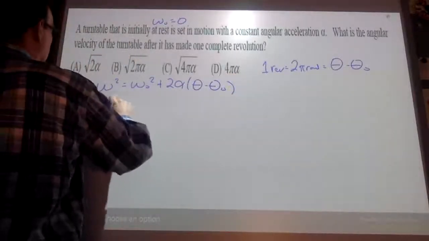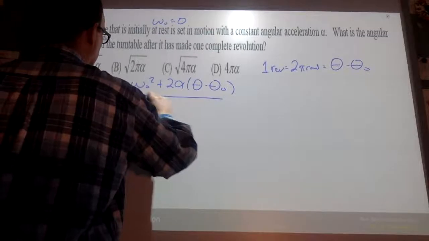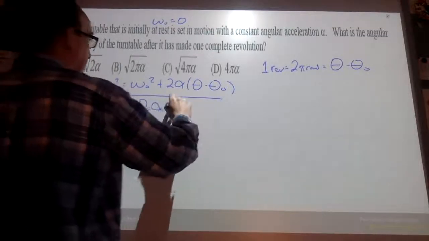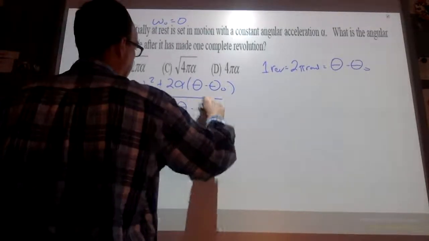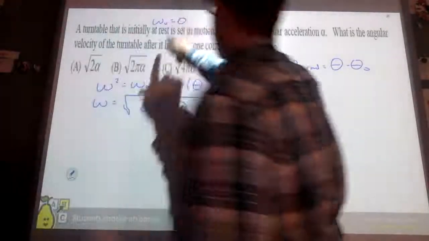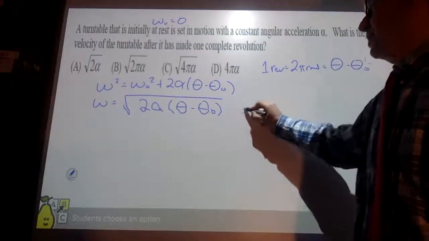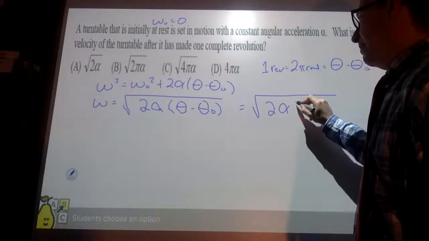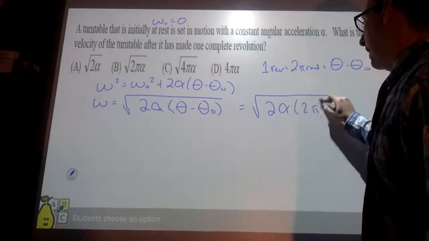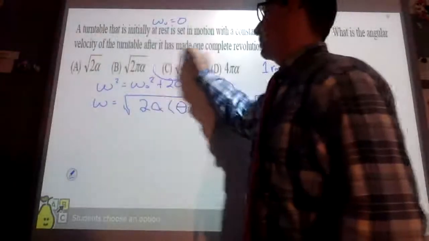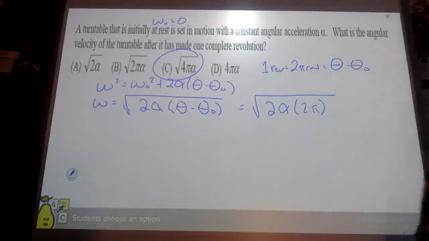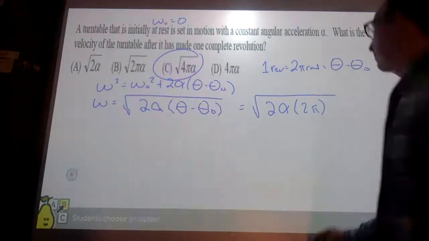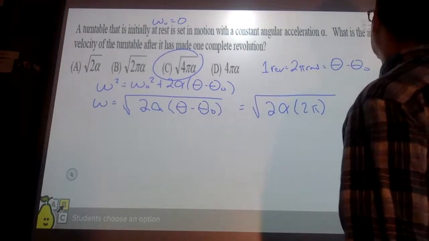And so omega is going to be equal to the square root of 2 times alpha times theta minus theta naught, because omega naught is 0. It's initially at rest. And so this is going to be the square root of 2 times alpha times 2 pi, which is choice C. Clear the ink.